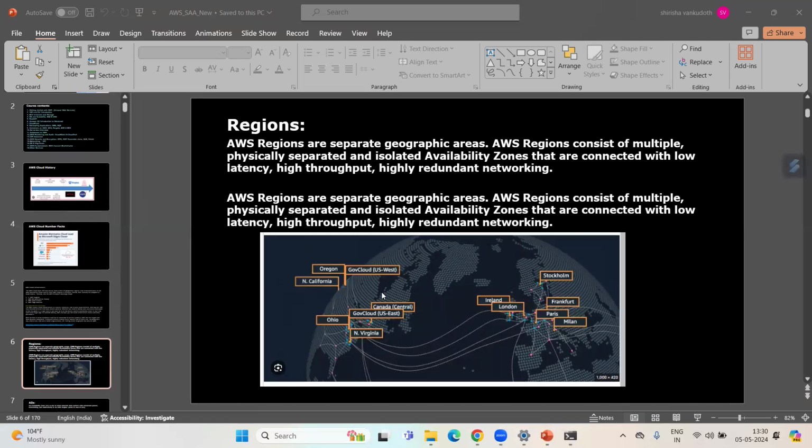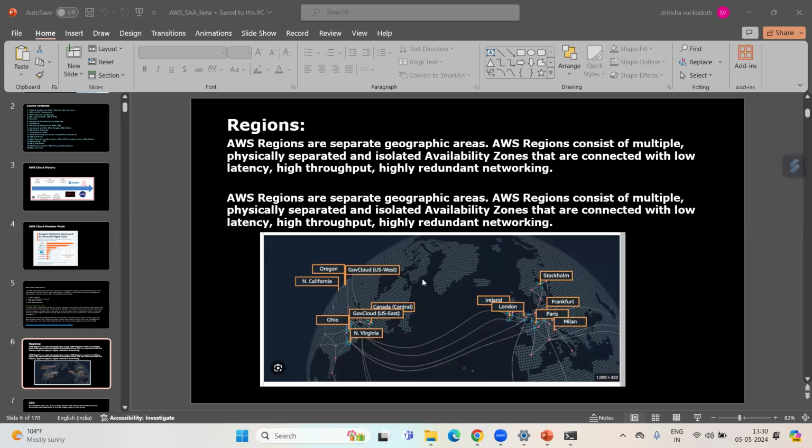Again, in the US we have a few other regions also. One is Northern Virginia, then the Oregon region. So there are so many regions within the US. But in India, we currently have the Mumbai region, and the Hyderabad region is slowly coming into the picture. It is not yet available, but they say it will be available by the end of 2024.